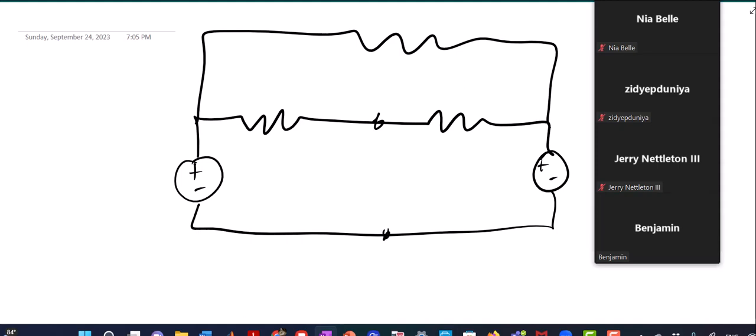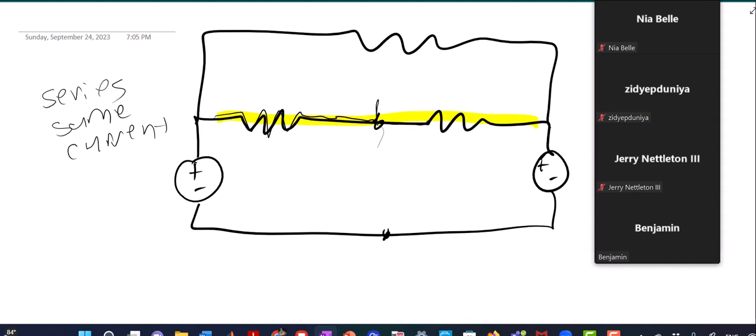So what you need to see here is that these two resistors are in series. So anything in series has the same current, because it doesn't have anywhere else to go. So whatever current I have going through this first resistor, it doesn't have anywhere else it can go. It has to go through the second resistor. So you have the same current through both of them.